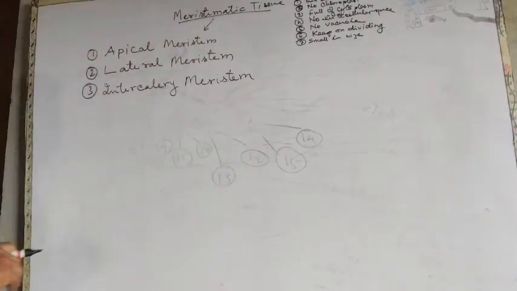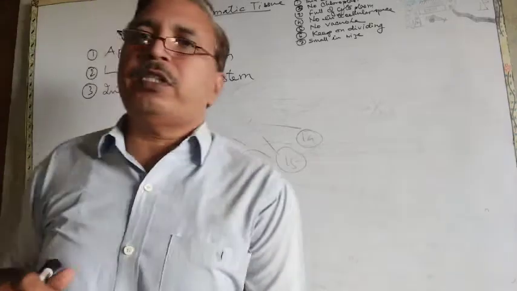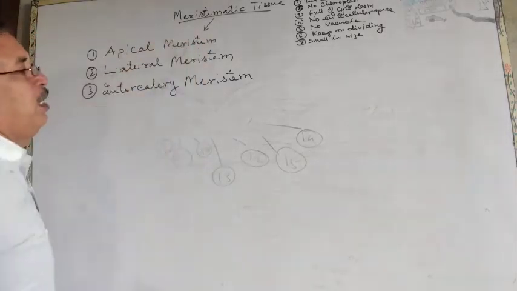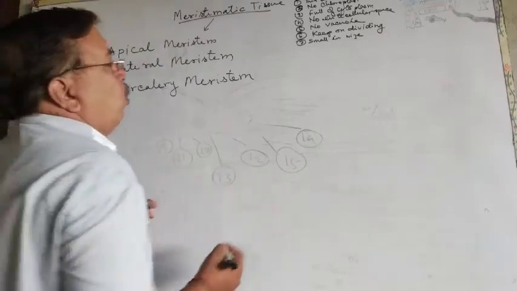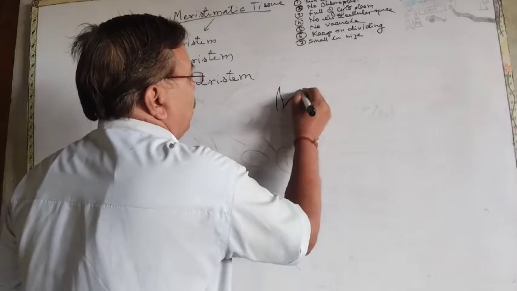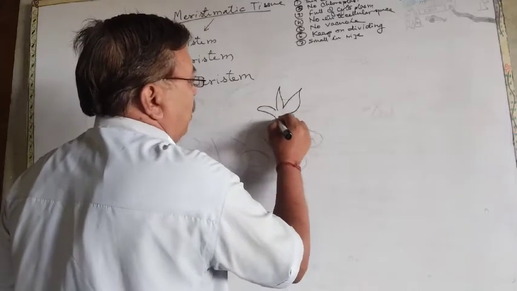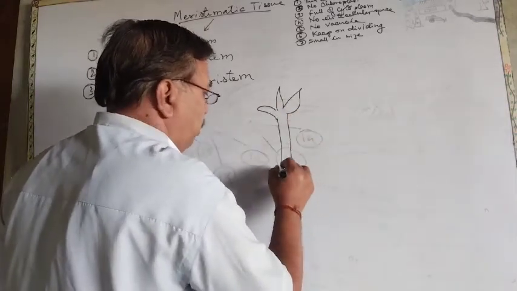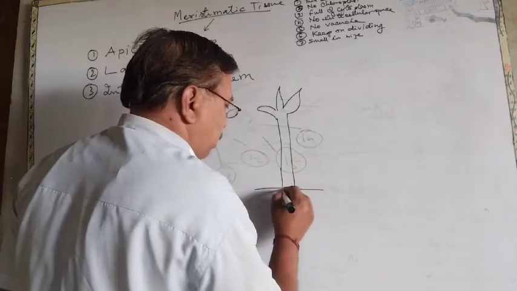You see these names, how we have given these names to the meristematic tissues. Where have we got these names from? I will just draw the figure of a plant, a simple plant.